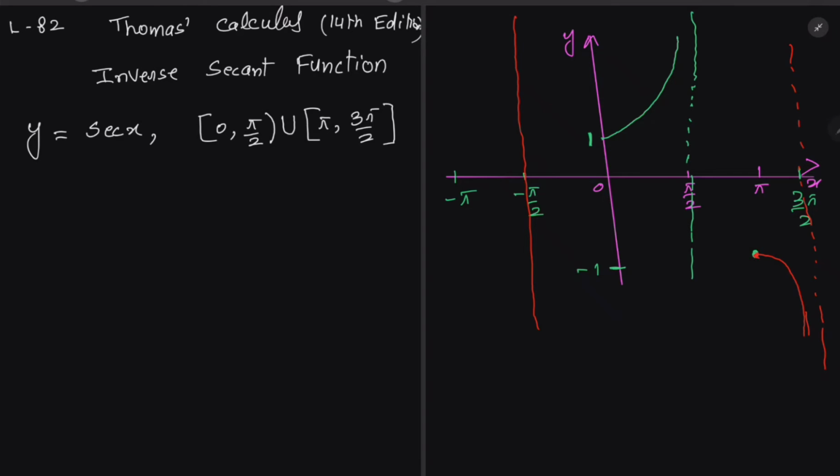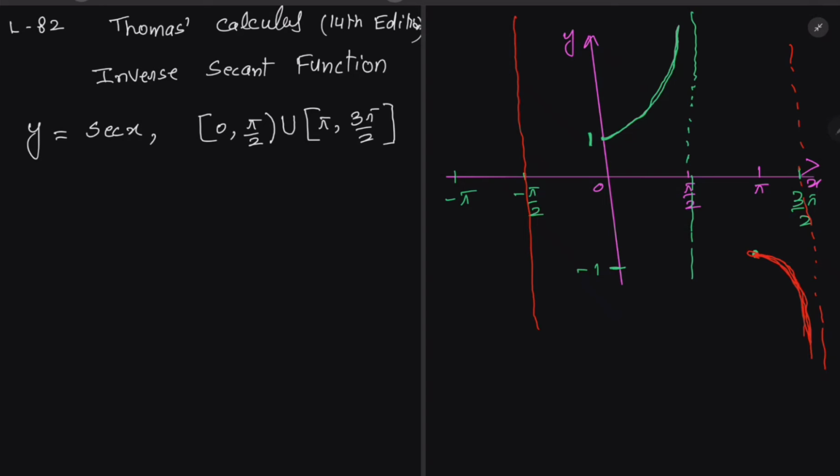So we have this branch over here, and this branch over here. These two branches we will take for the inverse of secant x. Why do we want to take two branches?